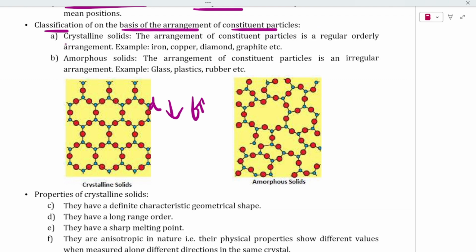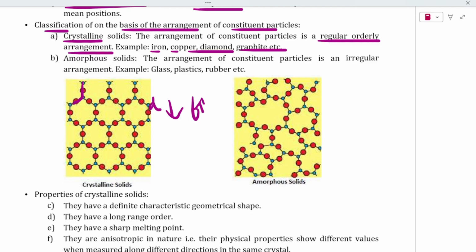The first one is crystalline solids. Crystalline solids have a regular, orderly arrangement, for example iron, copper, diamond and graphite. What is the meaning of crystalline? It means the particles are arranged in a regular order.